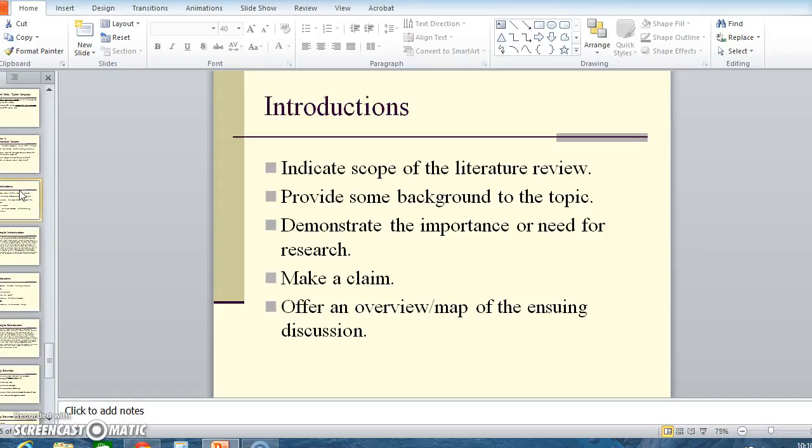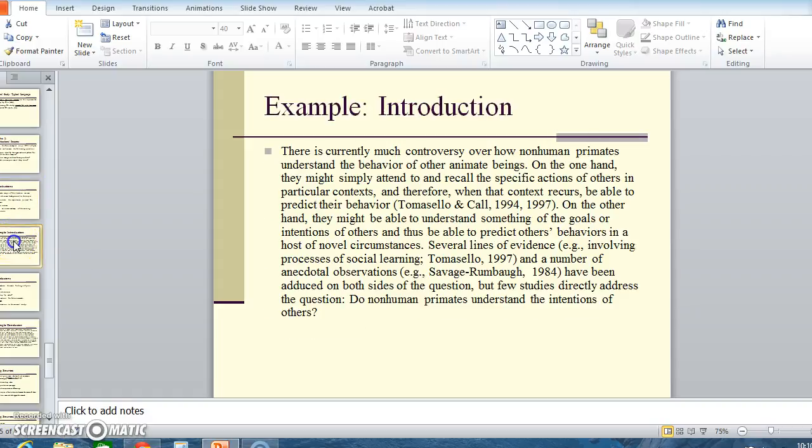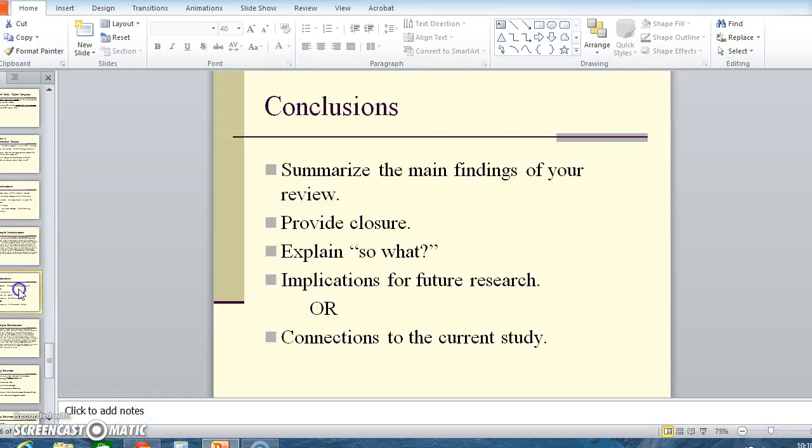All right, so you can go over some of the main bullet points about introductions that we've covered. I have another example of an introduction that covers those particular bullet points, but conclusions we've not yet covered. Conclusions are very different for literature reviews than in other types of research papers because they have to do some very particular things, and they must do them.